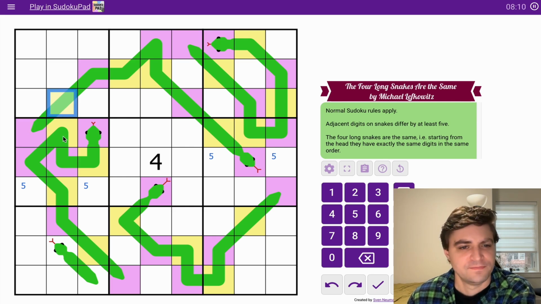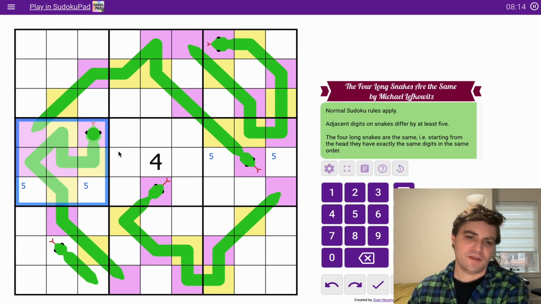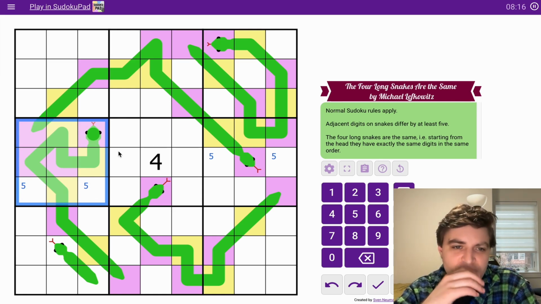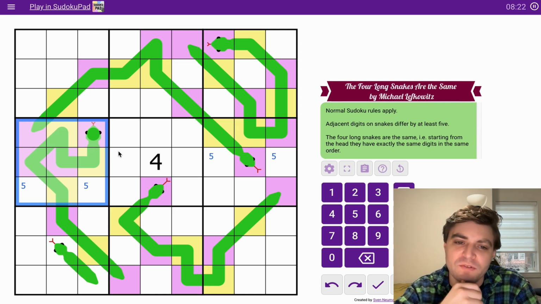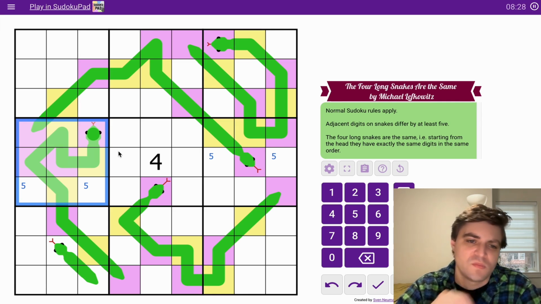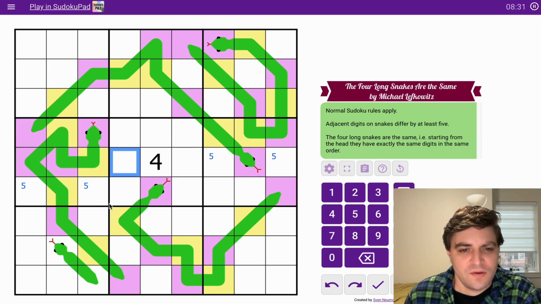I don't know. How about a 6? 6s and 4s are difficult with the German whisper line rule, with the snake rule. Just have to figure it out a little bit.